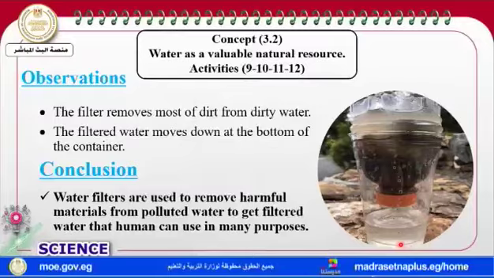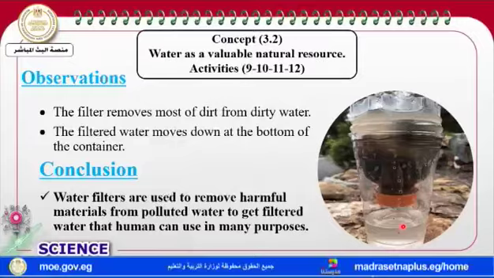What can we conclude from this activity? We can conclude that water filters are used to remove the harmful material from polluted water. Now we remove this harmful material from the polluted water to get filtered water, and the human can use it for many purposes, like what?